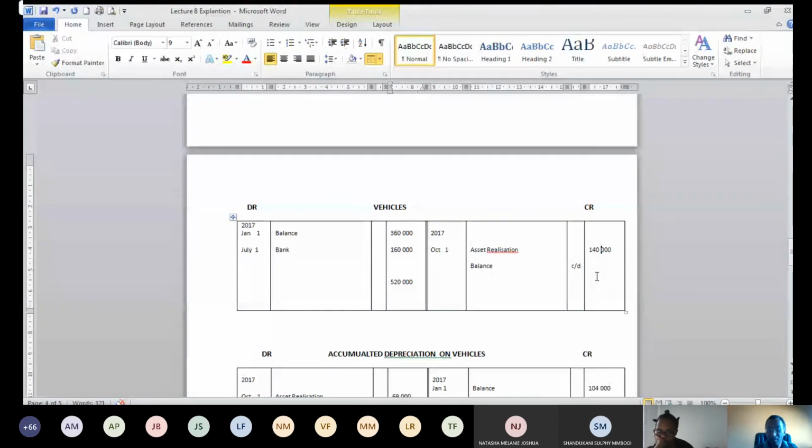And on your credit side, also 520,000. And you will now have a new balance in your vehicle account, guys, of 380,000 Rand.